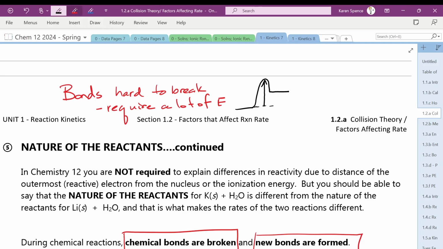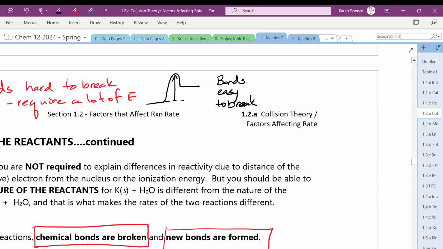But if the bonds are easy to break, that's going to require only a little energy. In that case, the peak is going to be really small.